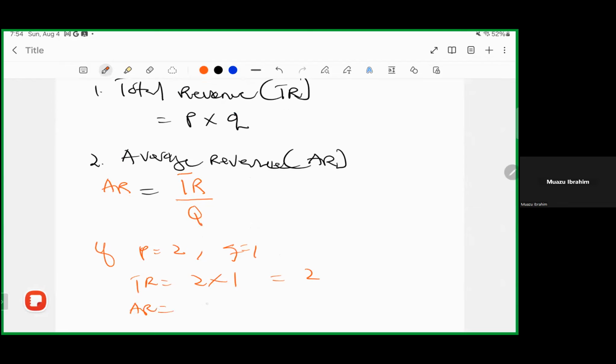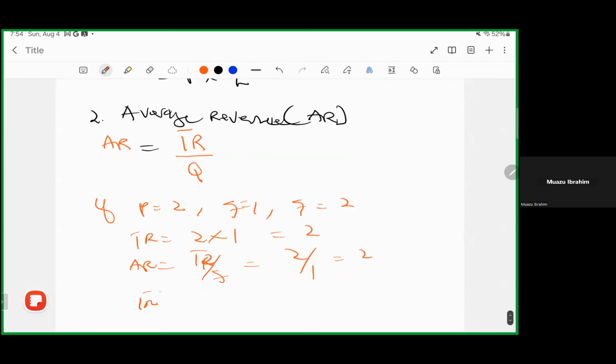Total revenue divided by quantity, 2 divided by 1, you will get 2. If output is 2, our total revenue will be 2 times 2, which is 4. And average revenue will be 4 divided by 2, which is 2. Are we together?